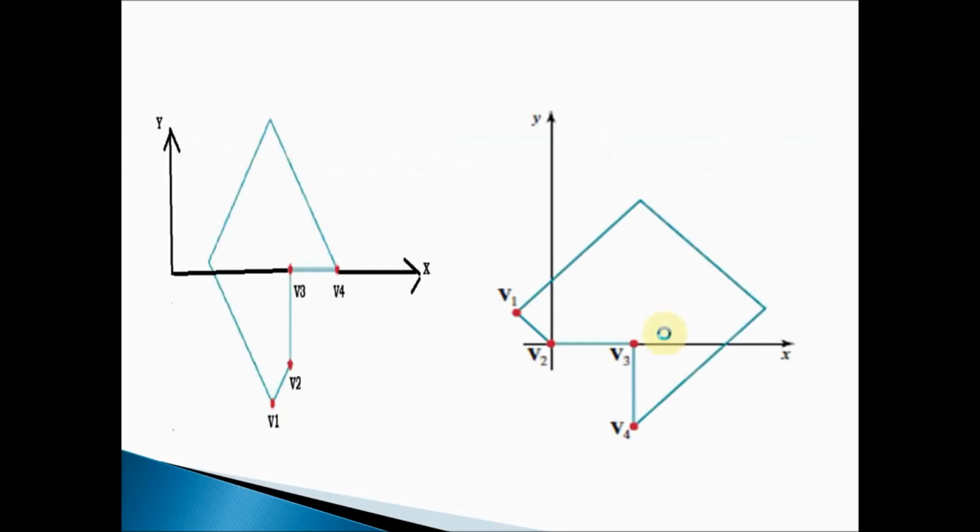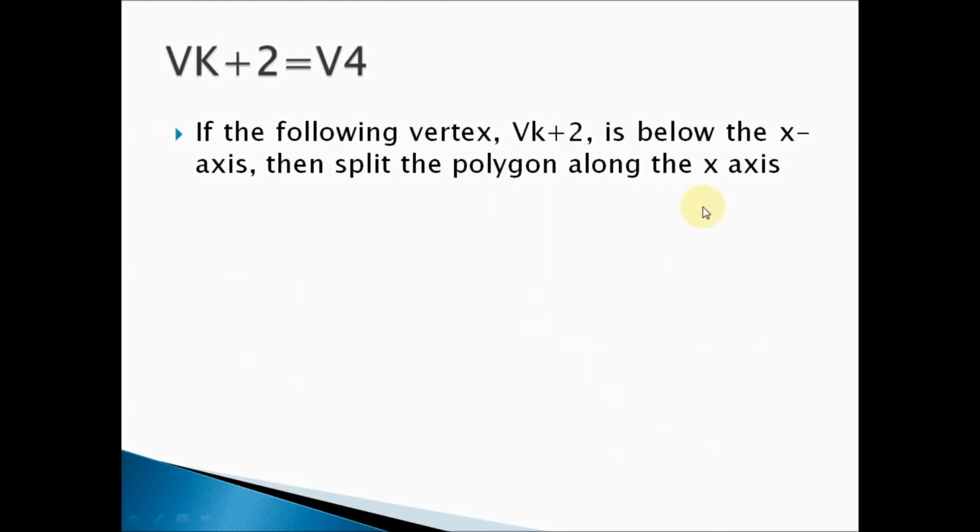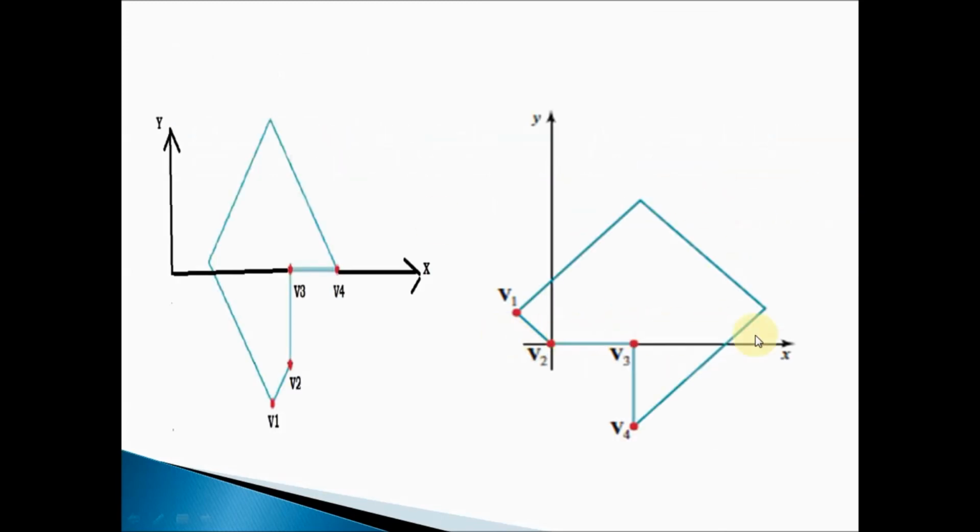When your vk plus 2 is below the x-axis, I can understand that my polygon is concave. I have to split this polygon. Now, how are you going to split? You are going to split along the x-axis. See the highlighter. Along the x-axis you have to split. This is the first polygon, this is the second polygon.